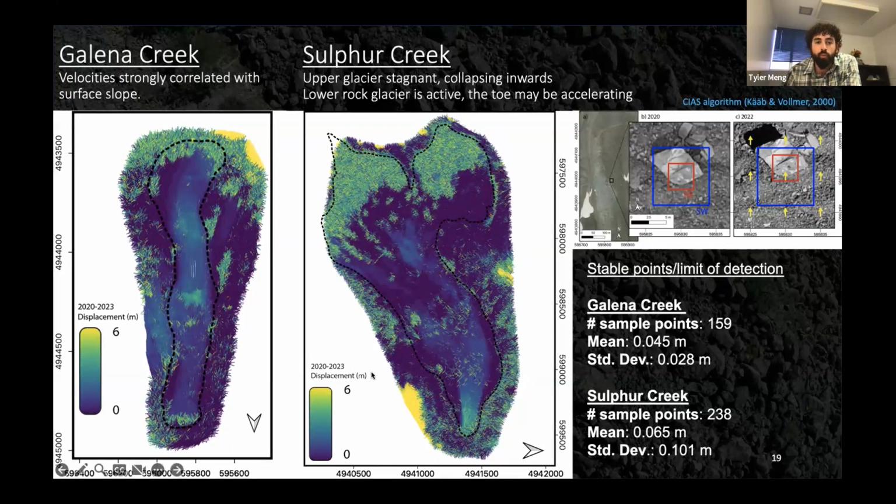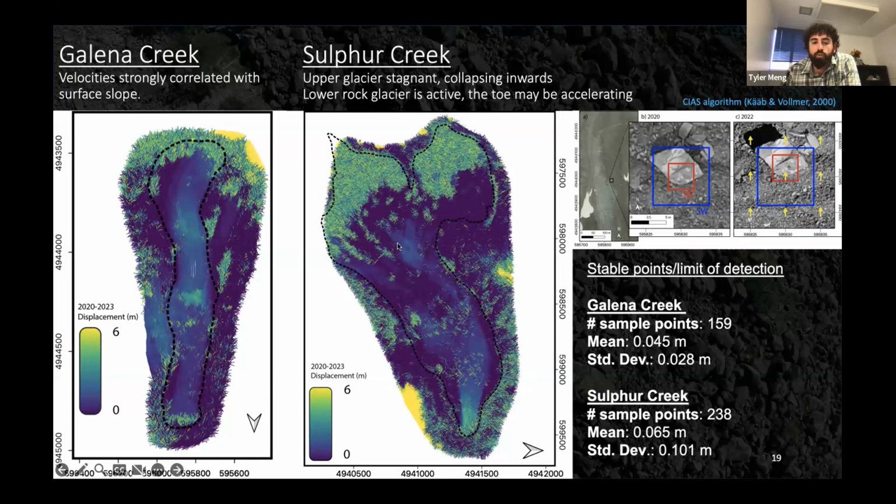And then this is the first drone-based change detection result that we've been able to show for Sulphur Creek. And what we found is kind of surprising, or at least striking, in that we have this elevated velocity in the middle here, but if you look closely, the directions are actually flowing towards the middle of the glacier and not towards the terminus.